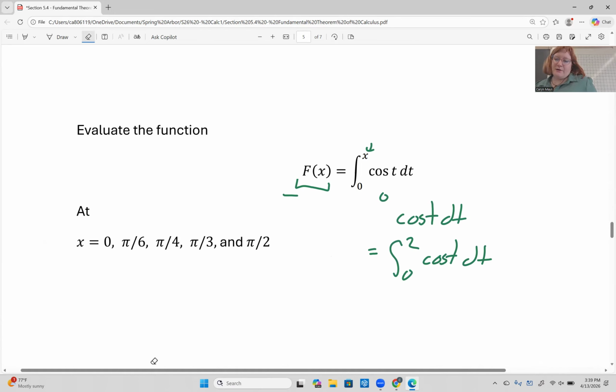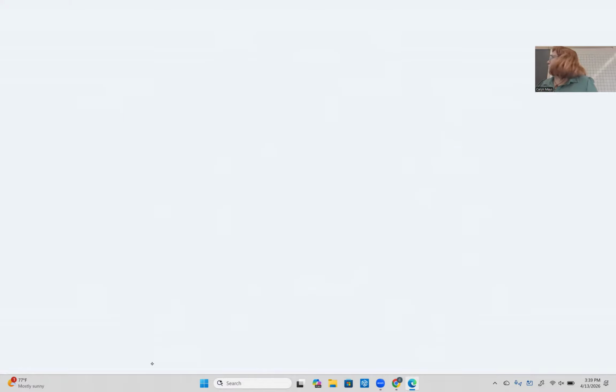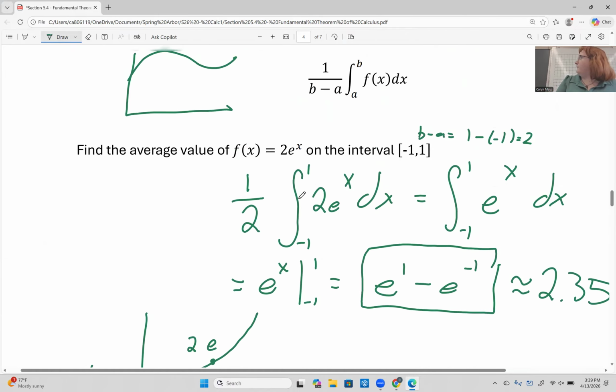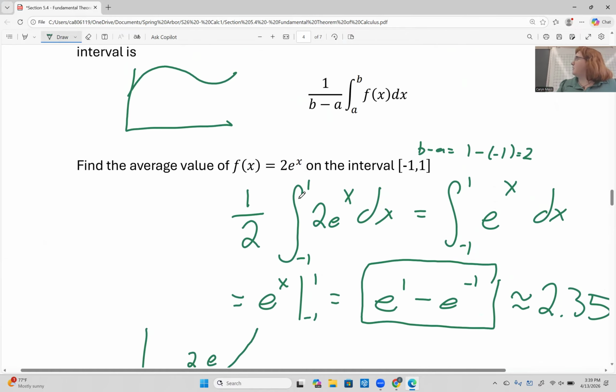I also wanted to mention there were certain things I kept writing on repeat every time we're evaluating these things. One, and it goes away really fast, I write the dx until we take the antiderivative.